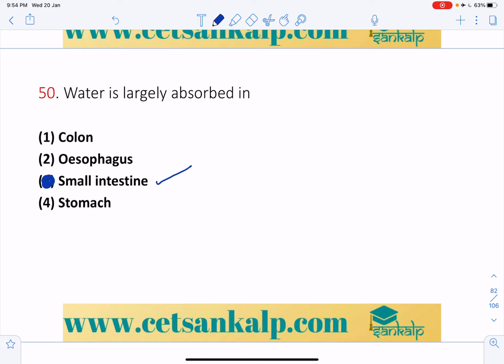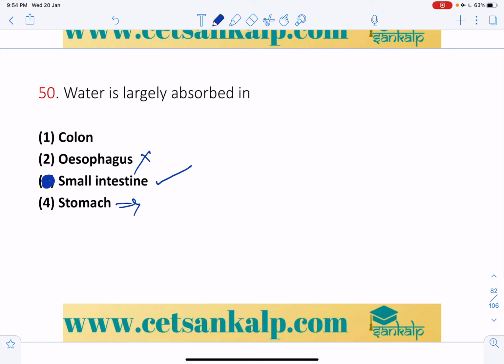In the esophagus there is no absorption or digestion, and in the stomach a little portion of alcohol gets absorbed. The principal site of absorption is mainly the ileum.